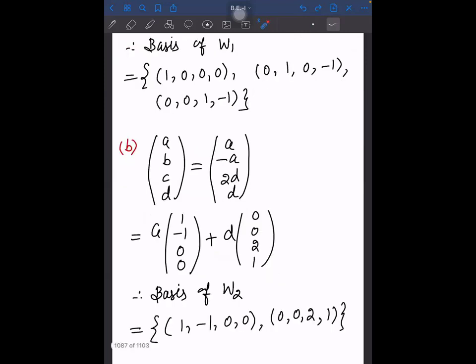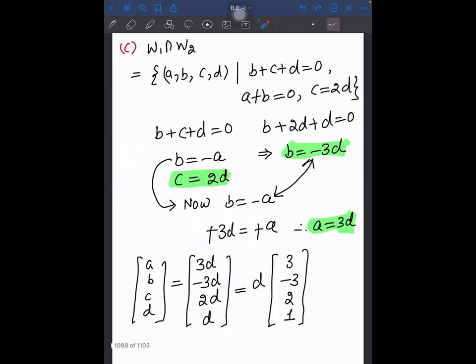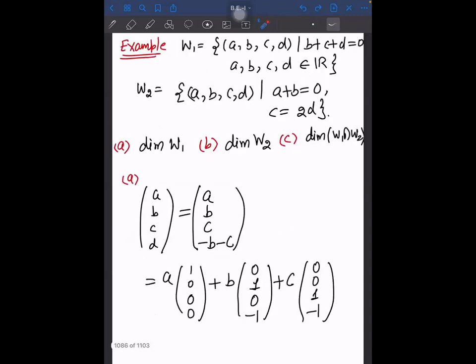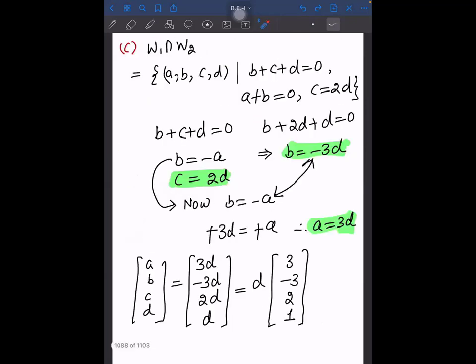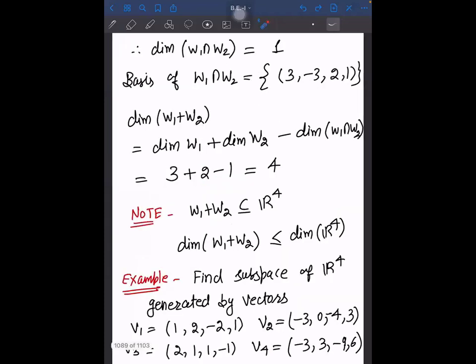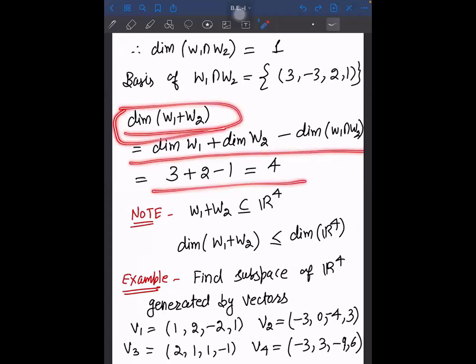And W2 is also the same. But come back to the C part. C part means we need to find the basis and dimension of W1 intersection W2, not W1 plus W2. Why? Because these conditions cannot be added, right? We can only find the common conditions among them. So we take all the conditions. So that indicates the W1 intersection W2. So that's how we found the basis for the W1 intersection W2. And here we were only able to find the dimension of W1 plus W2, not the basis.